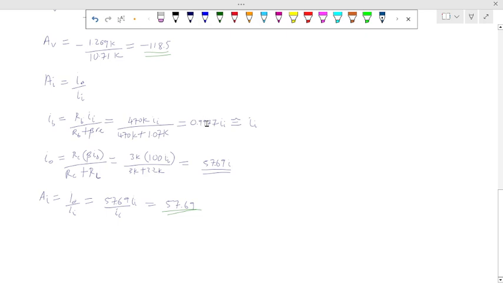Of course, this is 0.9977, which is approximately 1. So approximately 1, IB is the same thing as II.